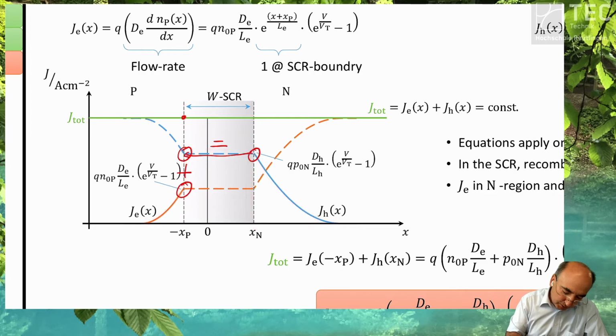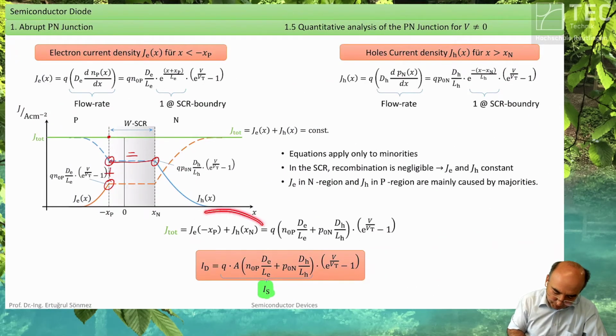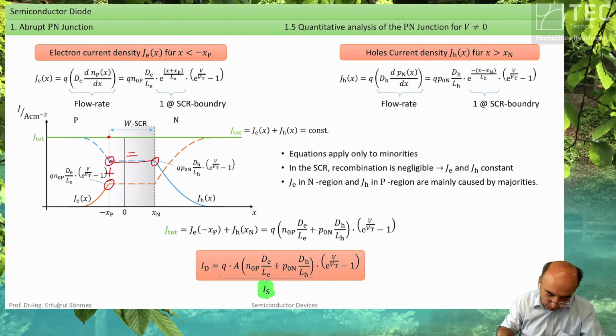And then we know now this and this current. So these currents we know. Therefore we were able to calculate the full diode current. Don't forget that, although it is a long time ago.